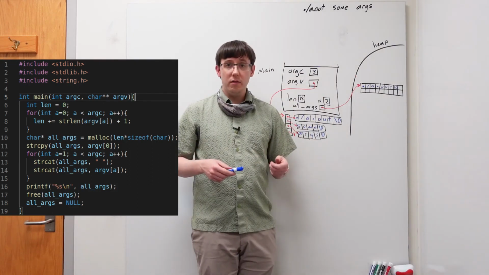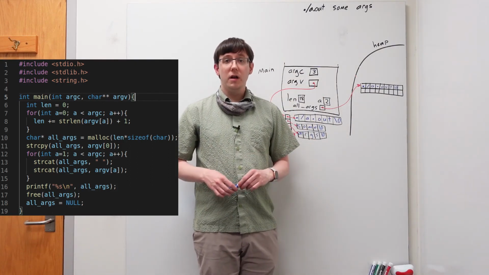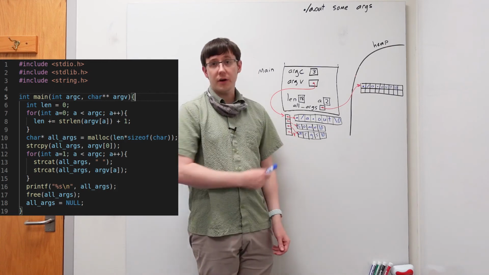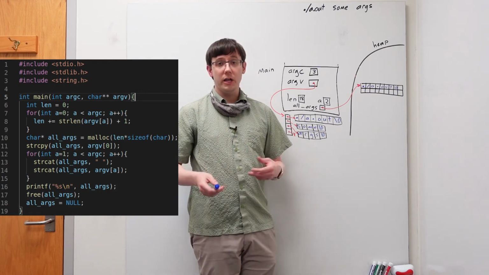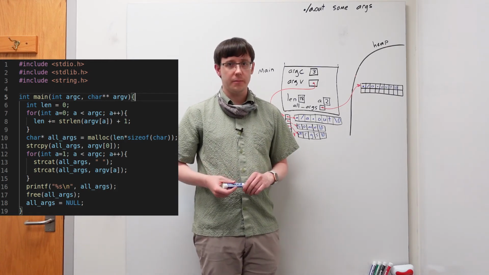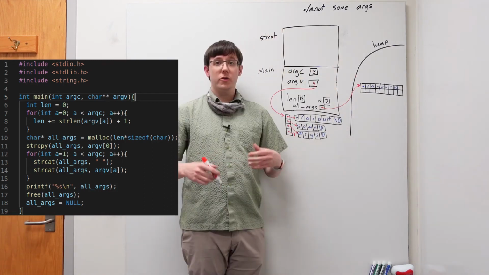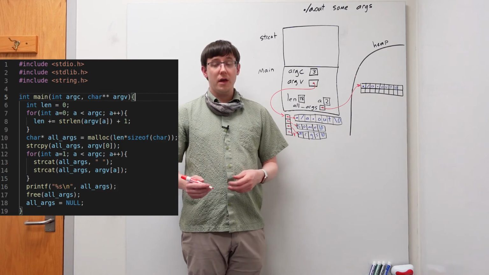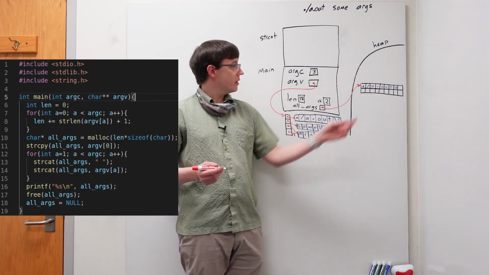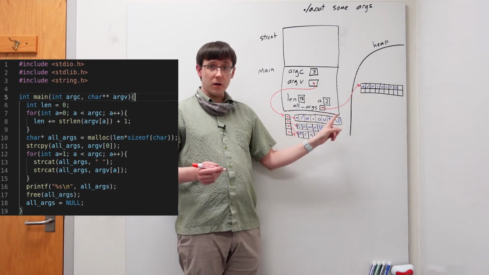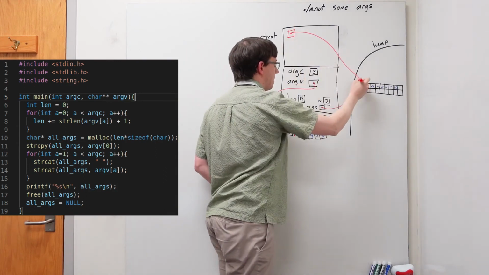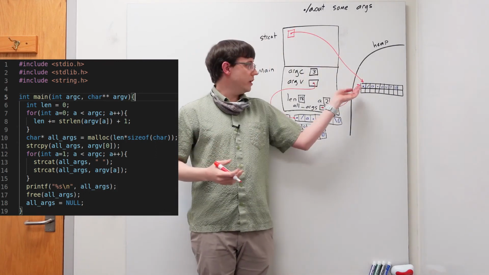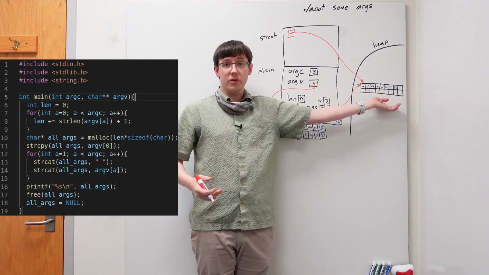Then lines 12 through 15 are looping through the remainder of the arguments and calling the strcat function. Strcat, again, takes a destination and a source, and the destination we gave it was all args. So it has a pointer to the beginning of this array.